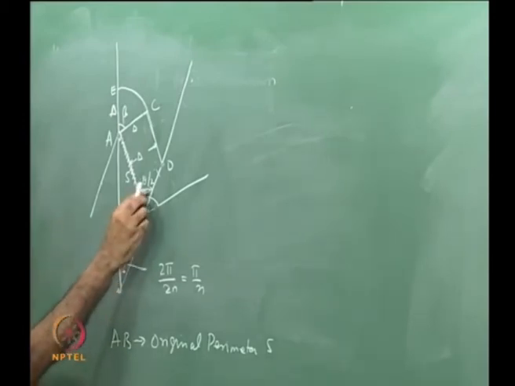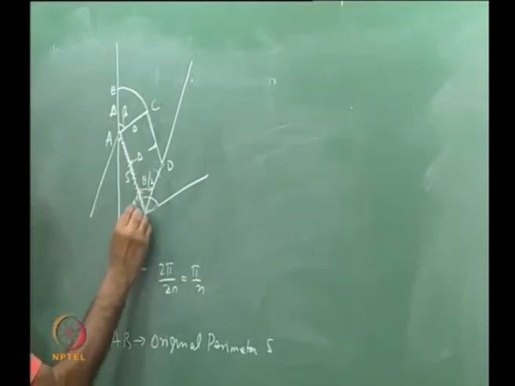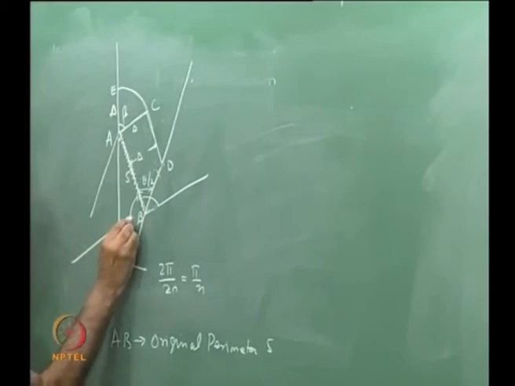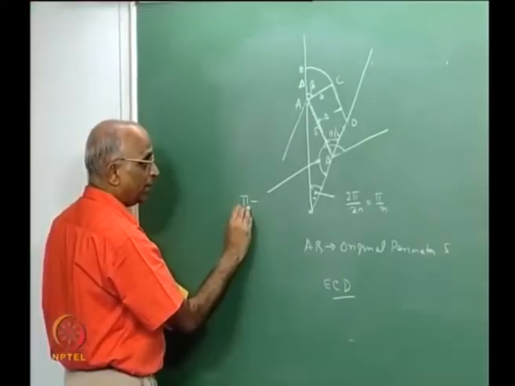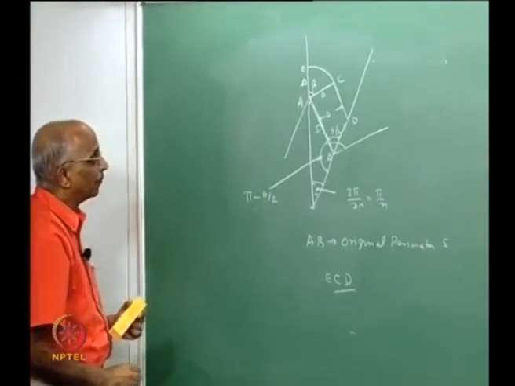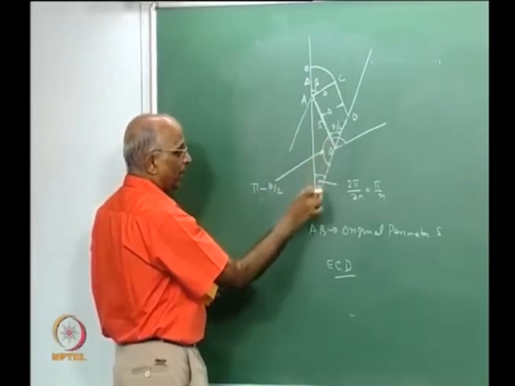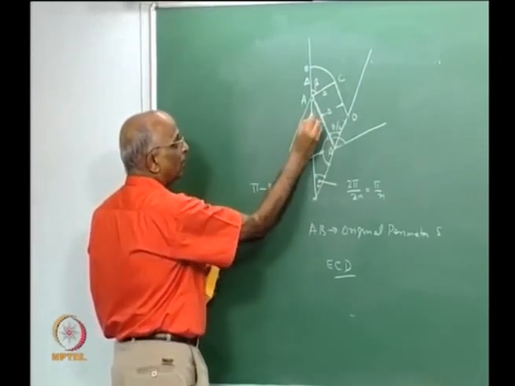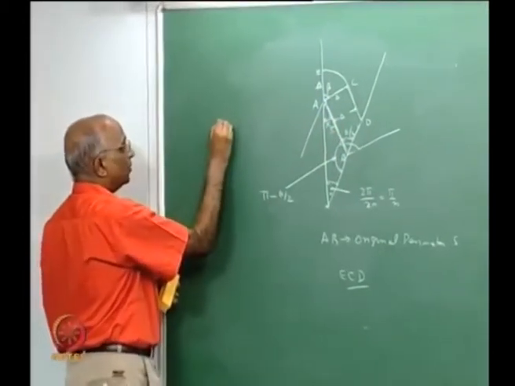This angle, you said theta by 2, so this is 180 minus theta by 2, or pi minus theta by 2. If this angle is pi minus theta by 2 and this angle is pi by n, what is the value of this angle? Let us say this angle is chi.